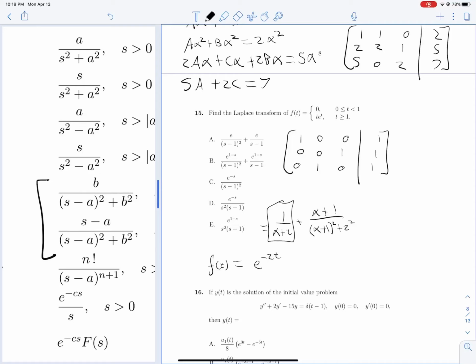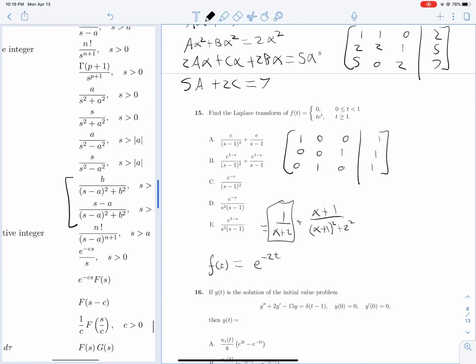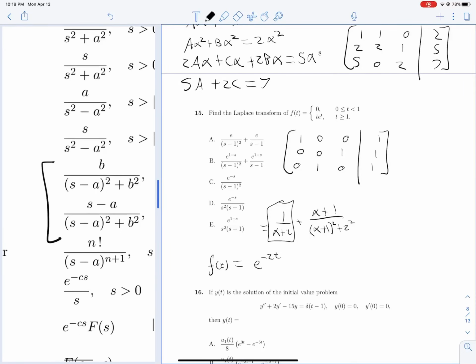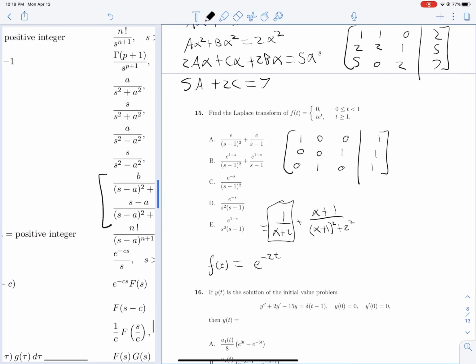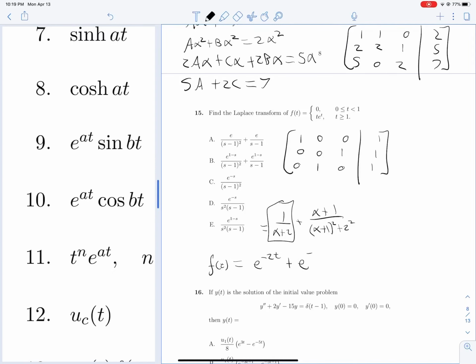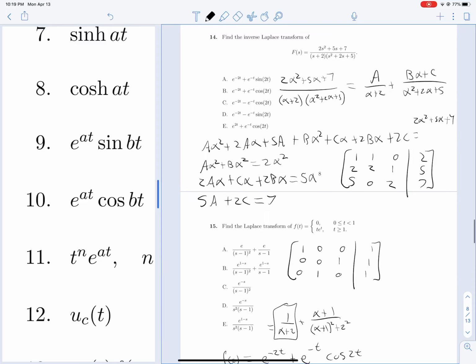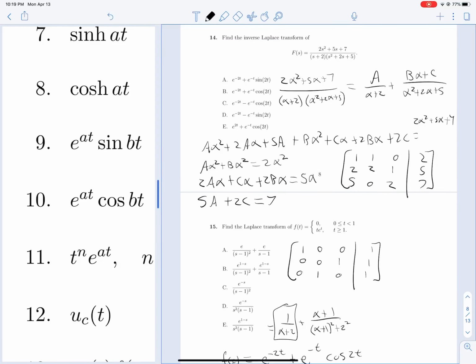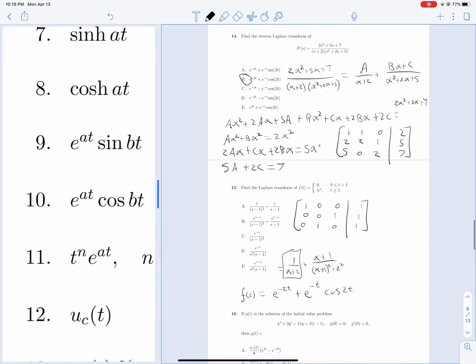Secondly, we see that the second term is in the form s minus a, for a equal to negative 1 and b equal to 2. So if a is negative 1, our inverse Laplace transform will give us e to the negative t cosine 2t. And looking up here, we see answer choice B for 14 is correct.